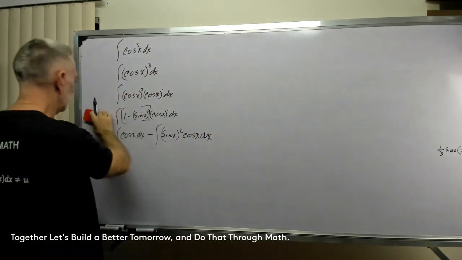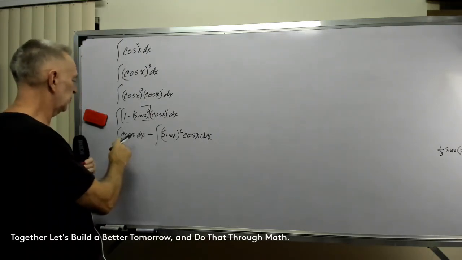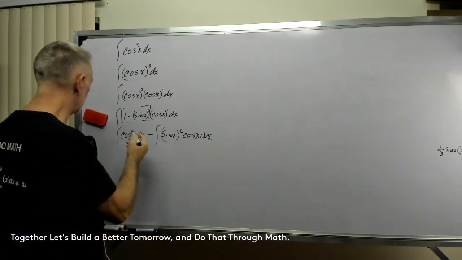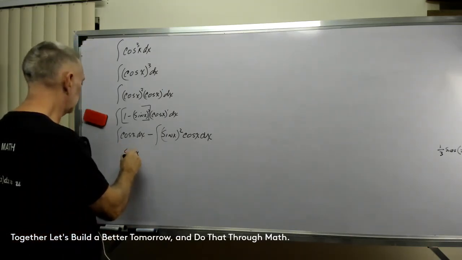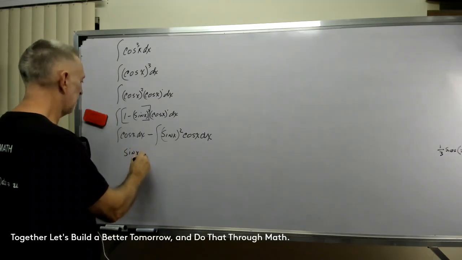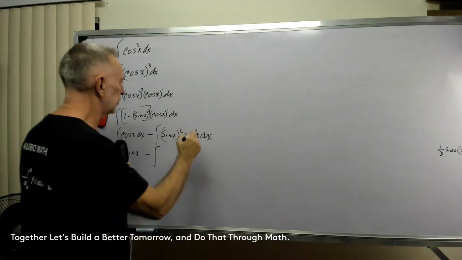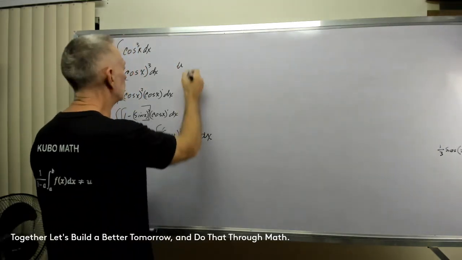Okay, if I were to integrate this one, we know cosine is the derivative of sine, so the integral is just sine x. Minus, what do we have going on here? Let's let u equal sine x.